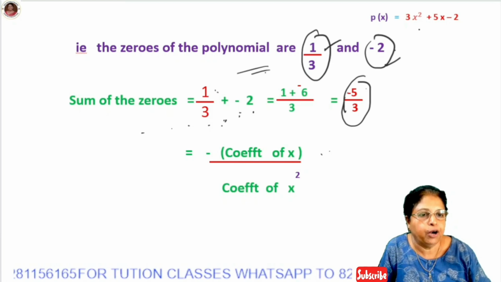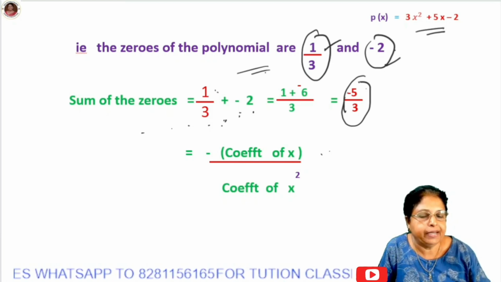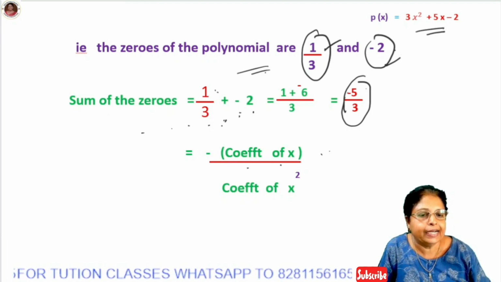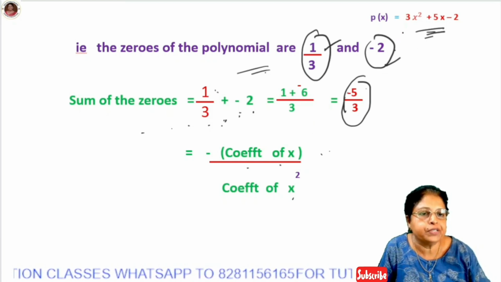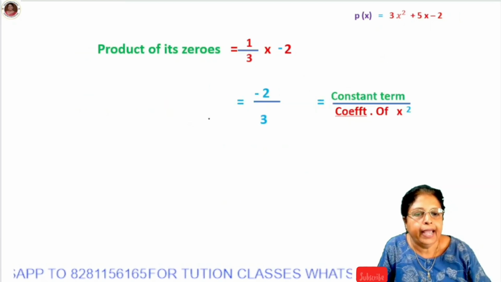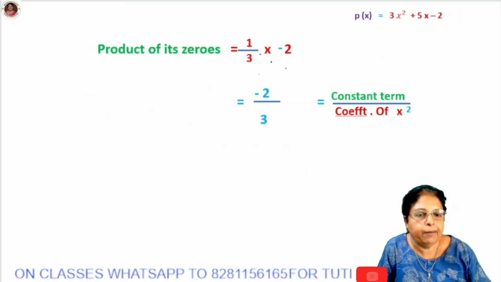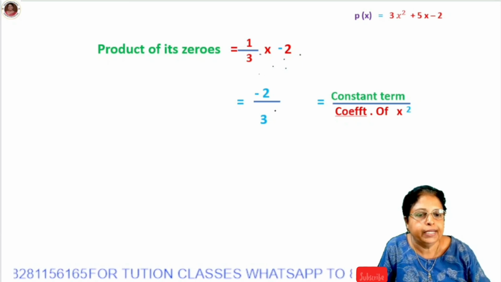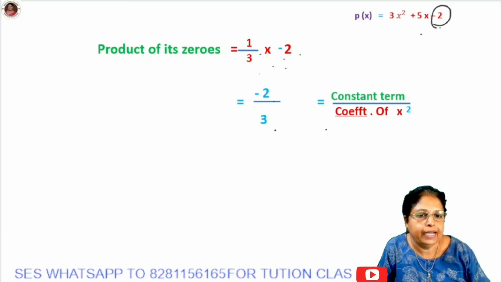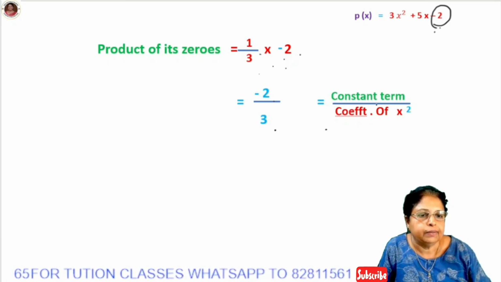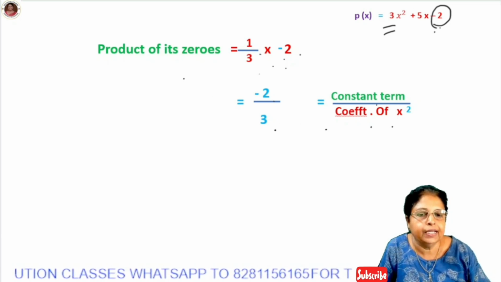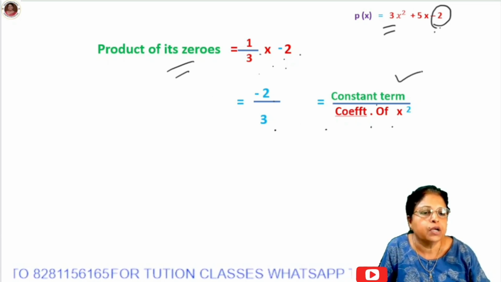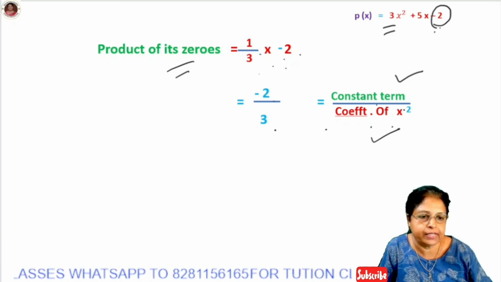Here we are getting the negative of the coefficient of x upon the coefficient of x squared. And the product of the zeros is 1 by 3 times minus 2, that is minus 2 upon 3, the constant term upon the coefficient of x squared, that is 3. So the product of the zeros is equal to the constant term upon the coefficient of x squared.